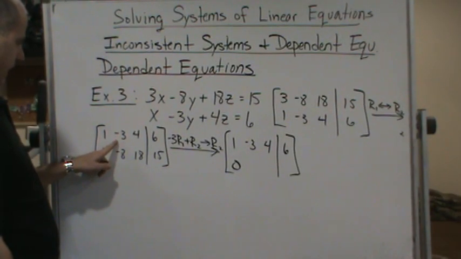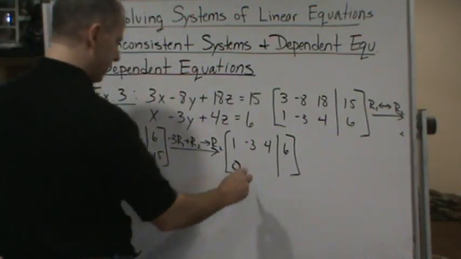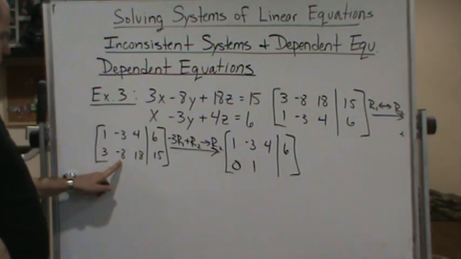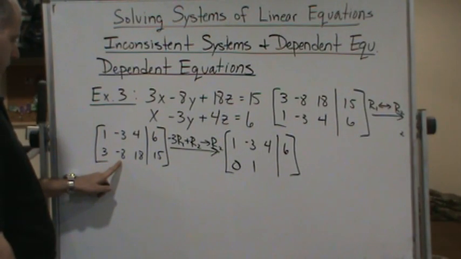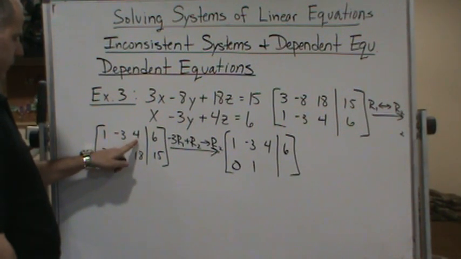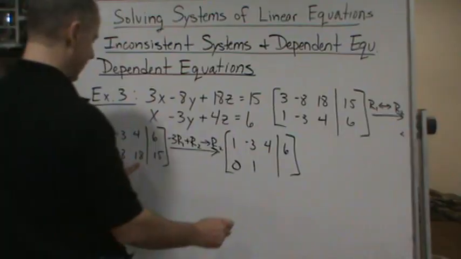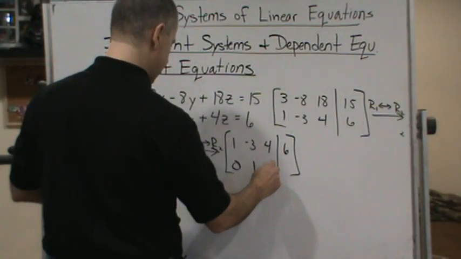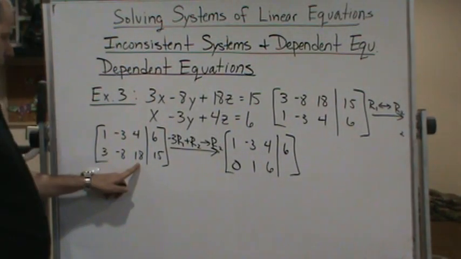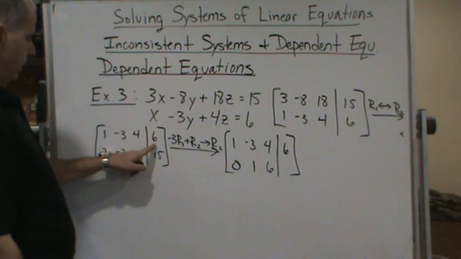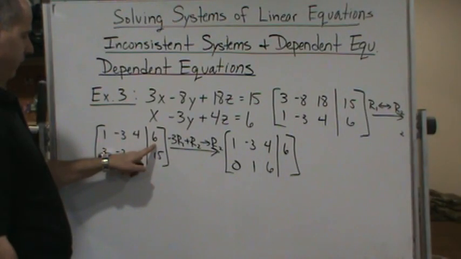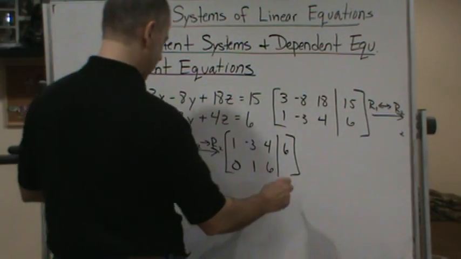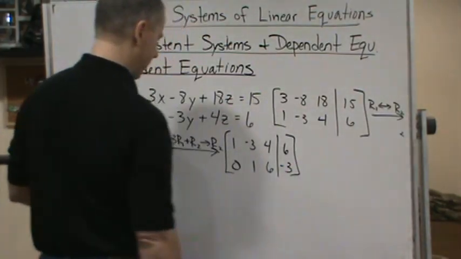And then this is going to be 9 plus negative 8 is 1. Right? And then we're going to get negative 12 plus 18 is 6. And we get what? This is going to be negative 18 plus 15 is negative 3.